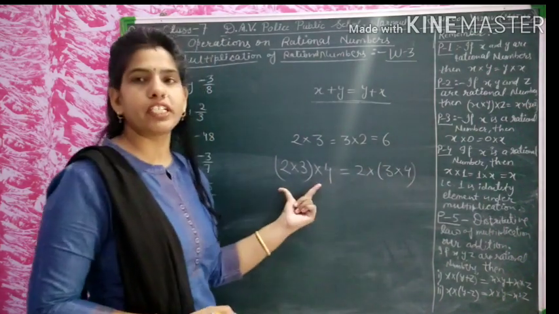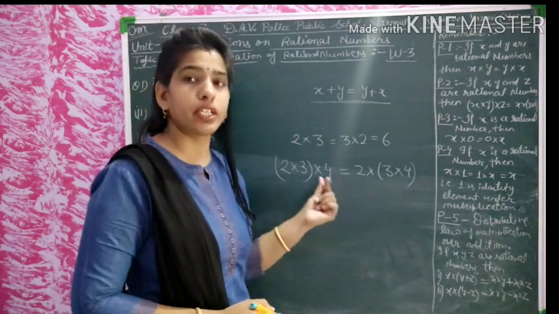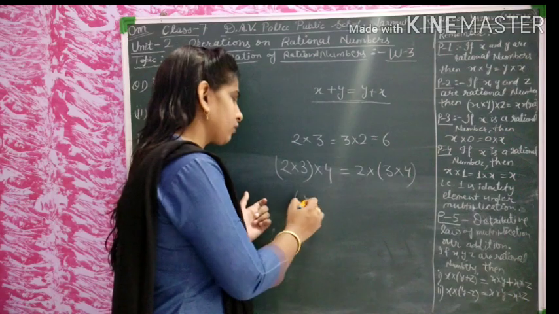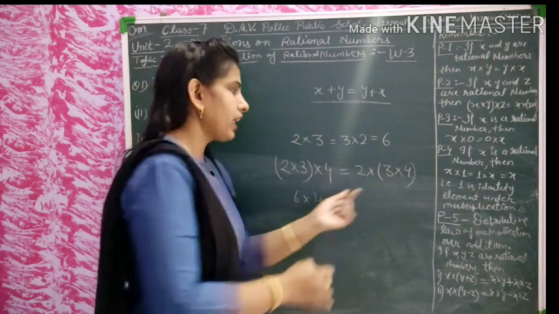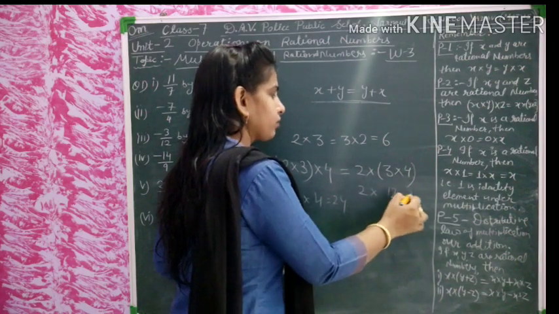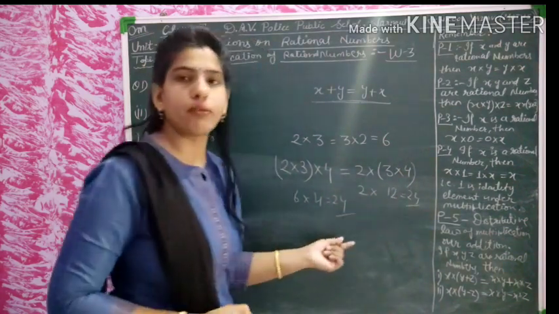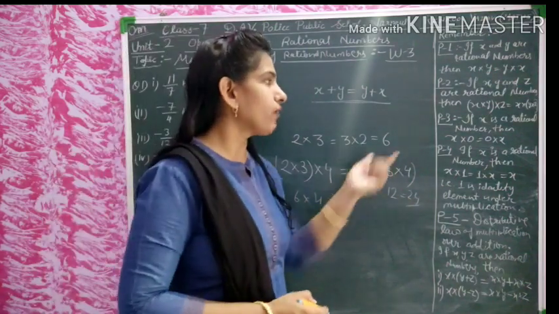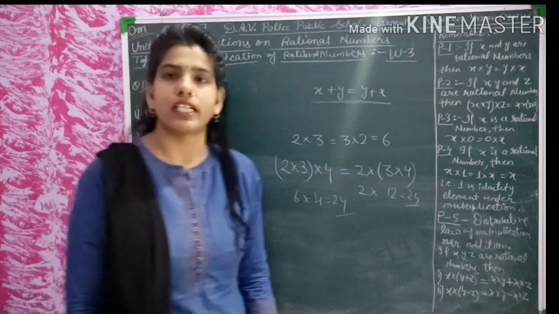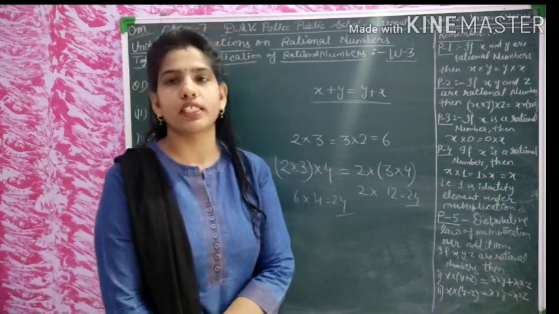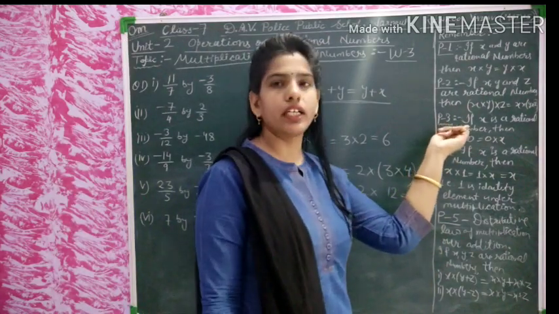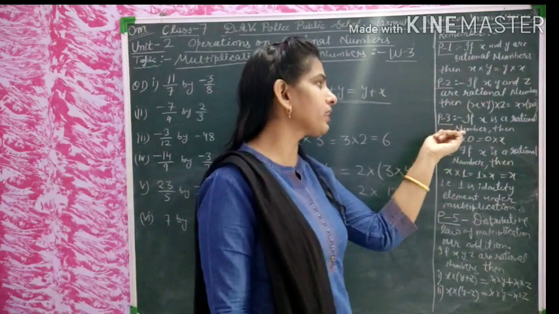Whichever group we multiply first, it will always remain the same. 2 into 3, that is 6, into 4, that is equal to 24. And the same here, 3 into 4 is 12, into 2, and that equals 24. Both are the same values. So students, we are seeing that the associative property is satisfied in the multiplication operation. Is it clear students? Now we are going to the next property, that is property number 3.